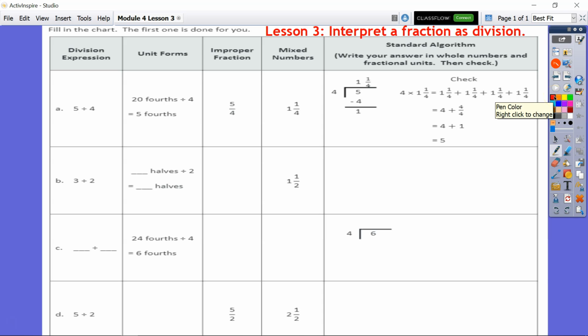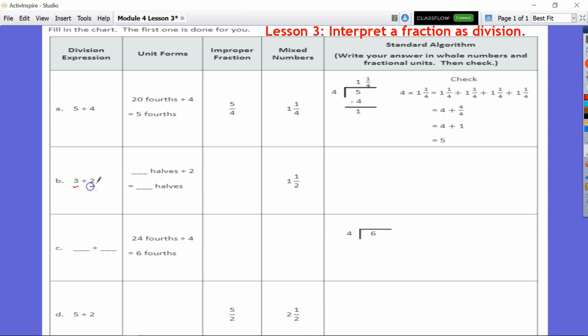All right, so looking at B, we see that our division expression is 3 divided by 2. So we say, well, if we had 3 items and we divided each one into 2 parts, we would have 1, 2, 3, 4, 5, 6 halves.